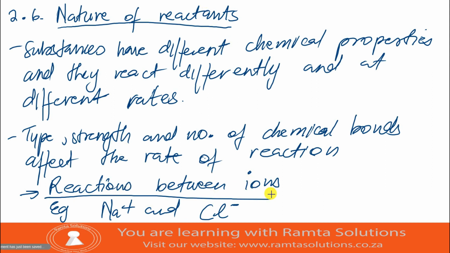When you react sodium ion with chloride ion, it'll be faster to create sodium chloride. But to dissolve sodium chloride into these ions, it'll be slower because you have to break down the bonds.